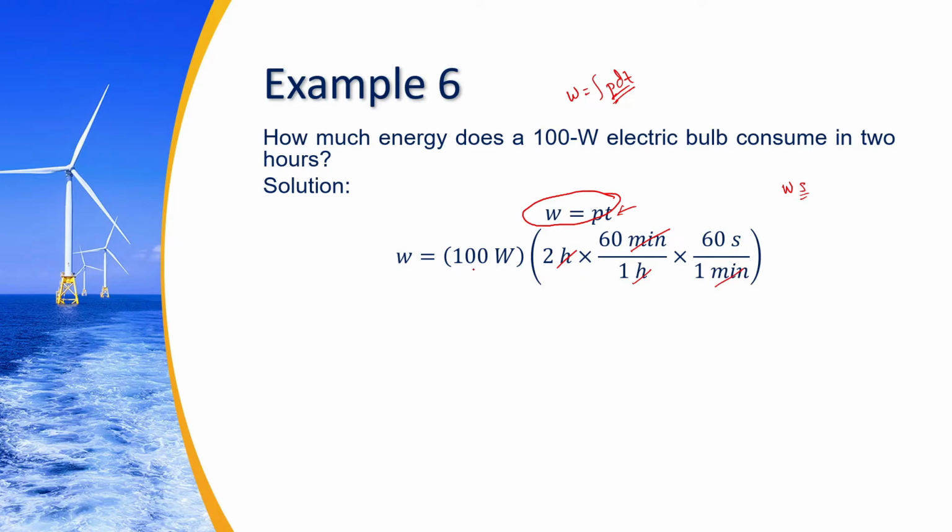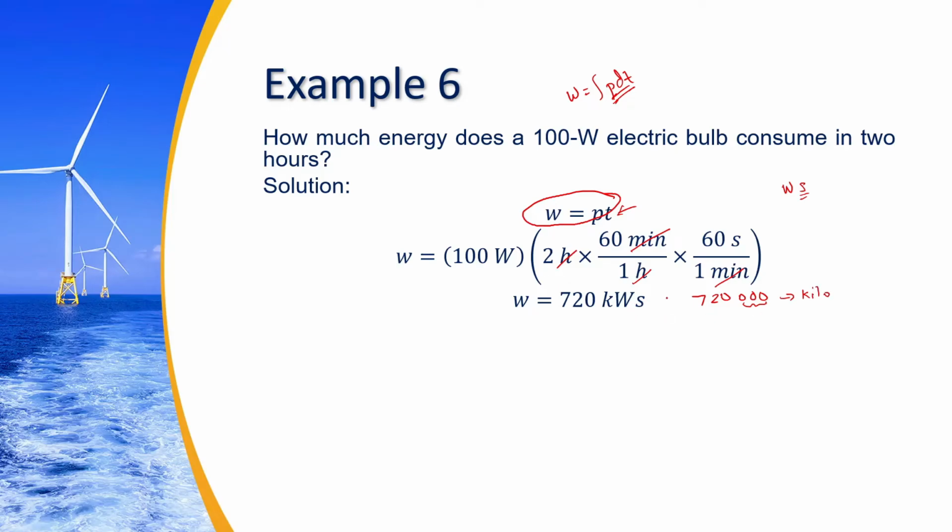Kaya naman, kapag pinag-multiply natin yung lahat ng given natin, 100 times 2 times 60 times 60, makakuha tayo ng 720,000. Okay? And using the prefixes ng units, itong tatlong 0 is pwede natin ma-convert into kilo.